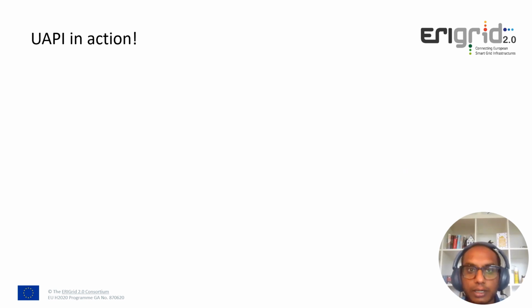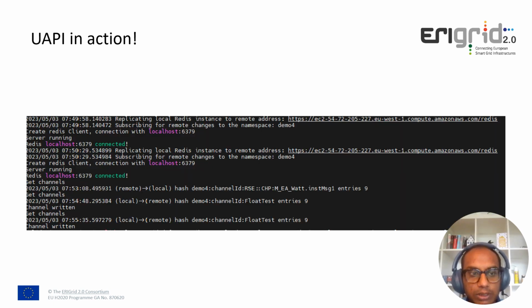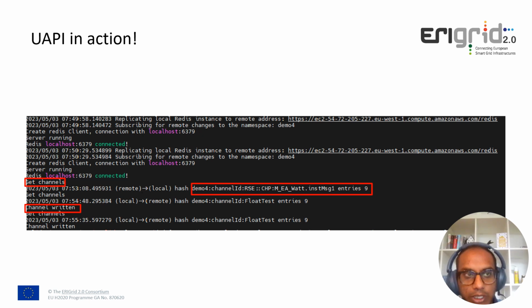So now let's take a look at how the UAPI is in action. This is a screenshot of a terminal with different commands of the UAPI. If we take a closer look, when we place an HTTP request, for example a GET request, we see that from the remote to the local, so coming from, let's say, the other RI, from the previous example RI2, you get a list of the channels or the list of signals available that you can access or read.